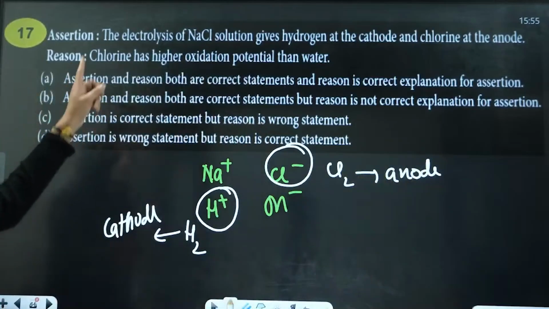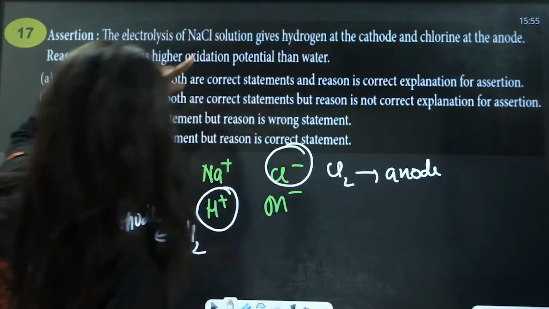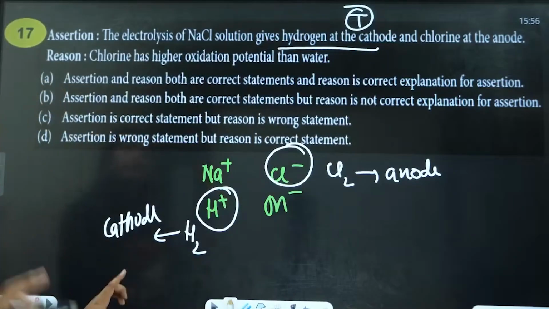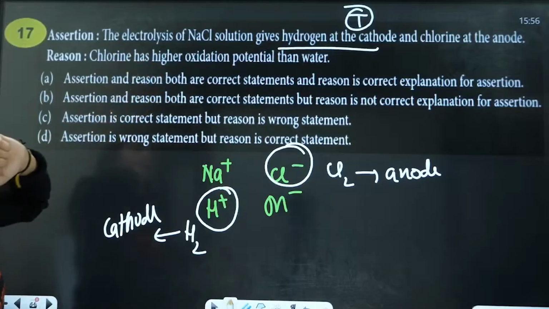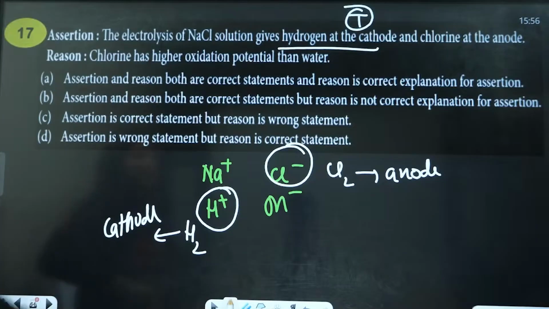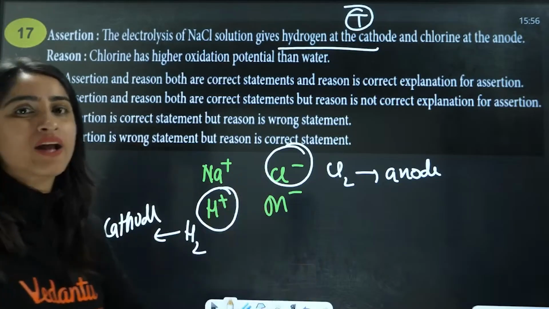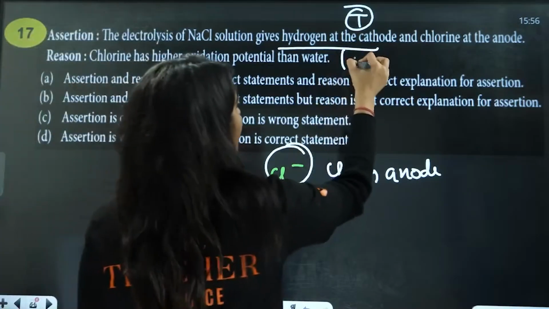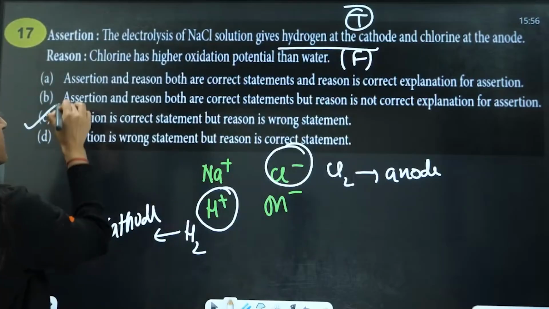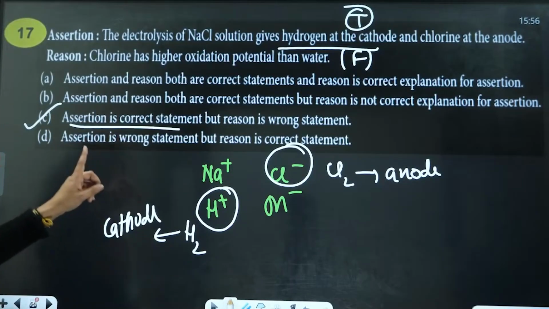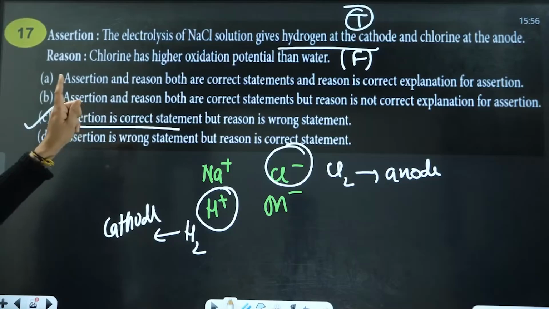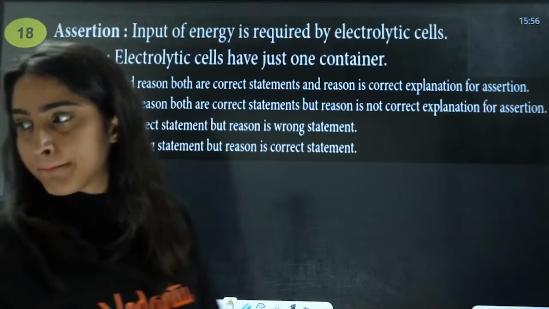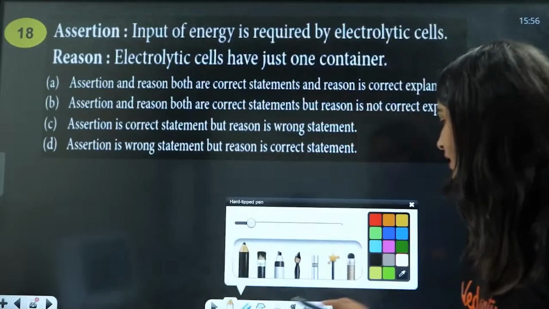Hydrogen at cathode, that is true. This is a true statement, and chlorine at anode. Chlorine has higher oxidation potential than water? No, it has higher oxidation potential than OH negative, not water. So this will be a false statement. Here we will say the assertion is correct, but the reason is wrong. Very good.